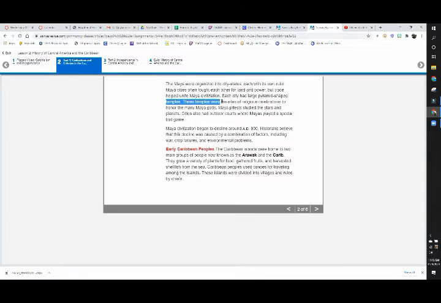These temples were the sites of religious celebrations to honor the many Maya gods. Maya priests studied the stars and planets. Cities also had outdoor courts where the Maya played a special ball game. The part you need to know from there is the Maya were organized into city-states.